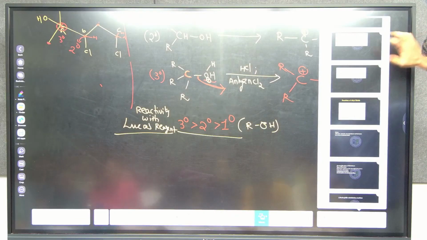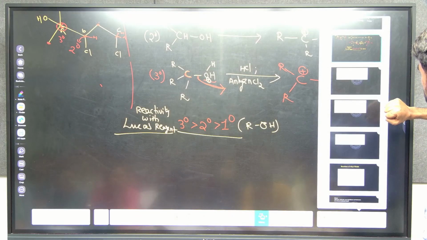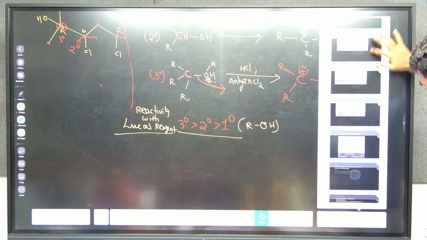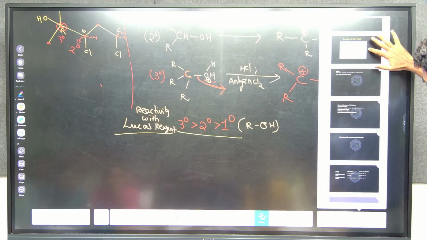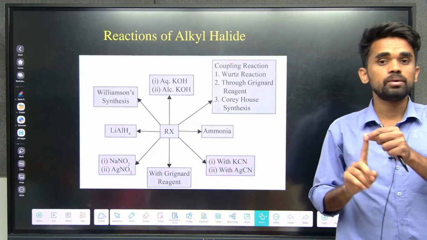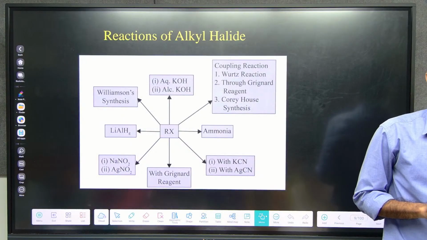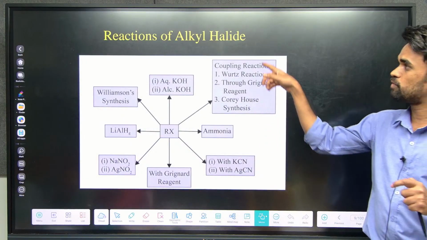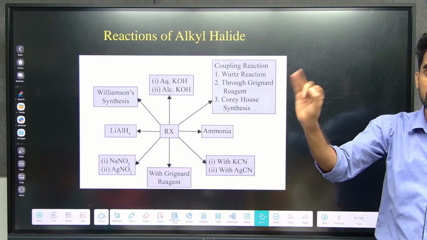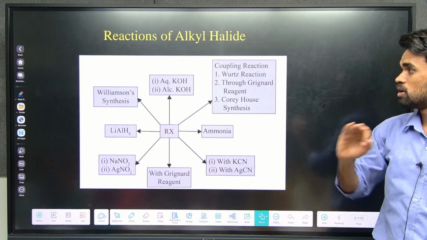Okay, so without wasting our time, let's move to the discussion of SN1 and SN2 reactions. Now what do we know till now? We studied the preparation methods of haloalkanes. Now let us go to the chemical properties of alkyl halides.